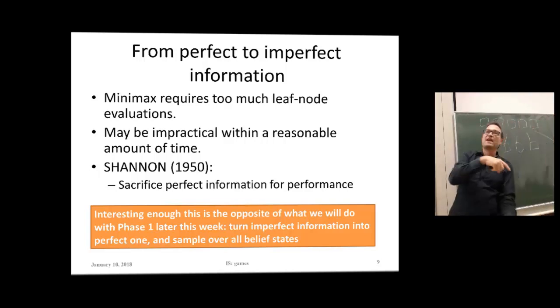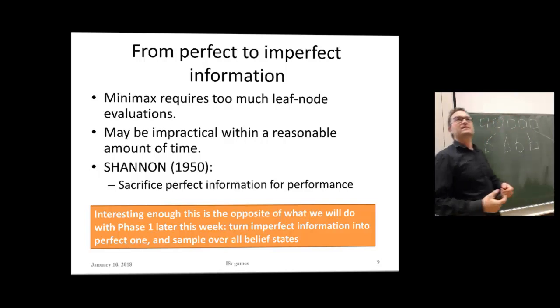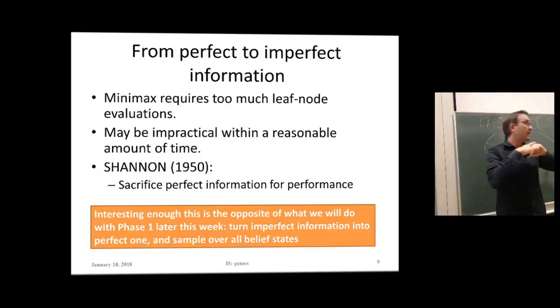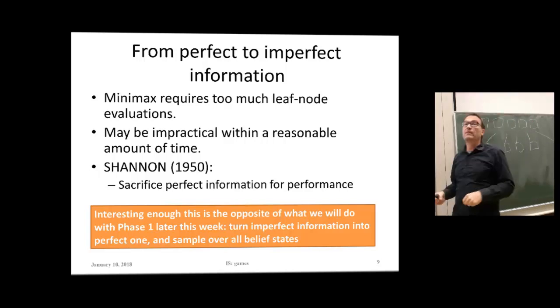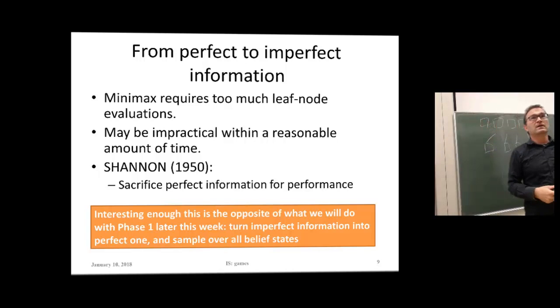The interesting thing is that we are going to turn this around and do exactly the opposite with Schnapsen when we implement phase 1. Because in phase 1, we have imperfect information. We don't know where the cards are, whether they are in my opponent's hand or in the pile. And although there are only 14 cards that are unknown, this creates an enormous complexity, as I will show later.